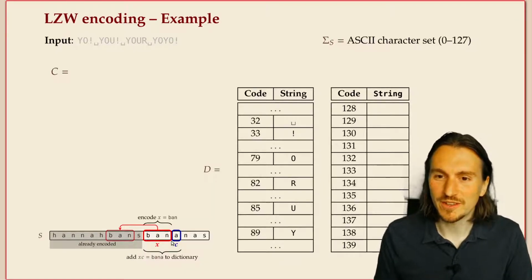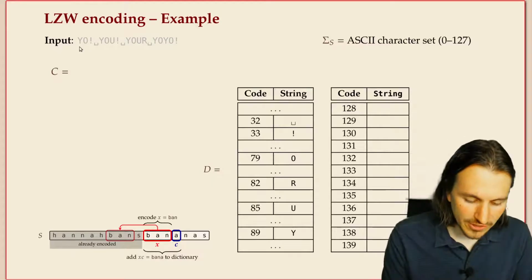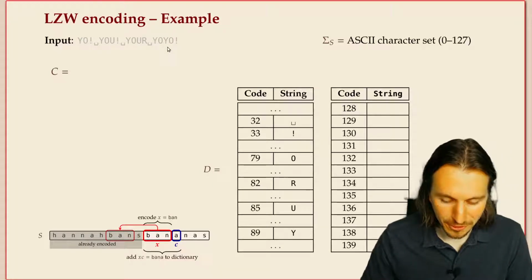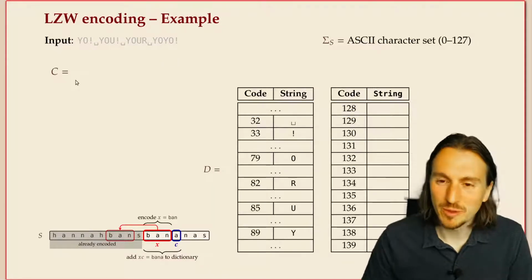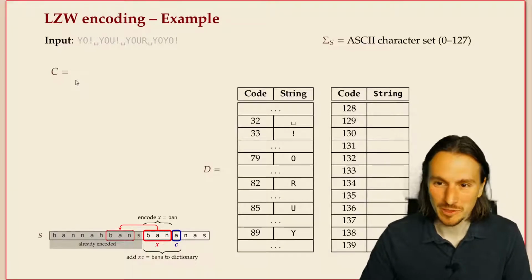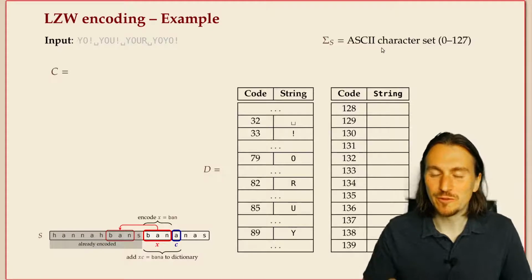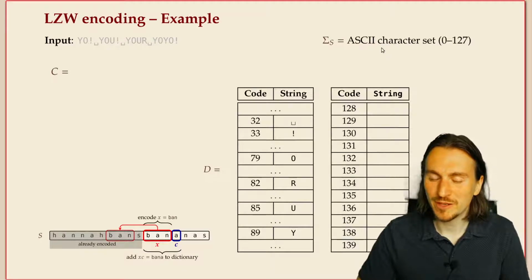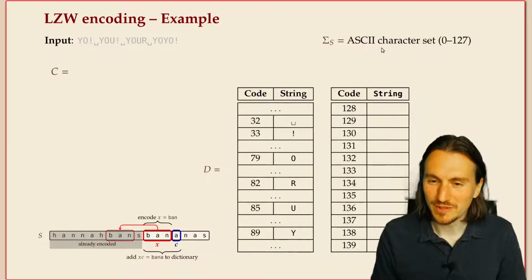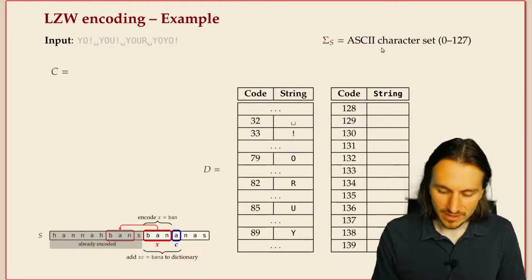And let's practice that on an example. So here's our input: yo, you, your, yo, yo. And we will build the coded text one by one. We'll start, in this case, I'll just assume the full ASCII character set as the alphabet. Then we get a more realistic feel for how big the dictionary gets.